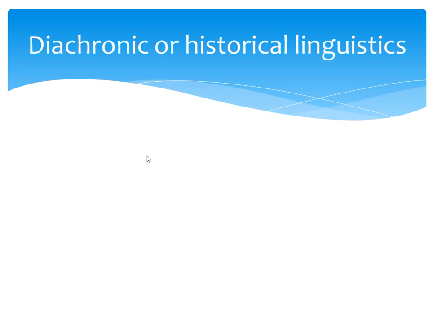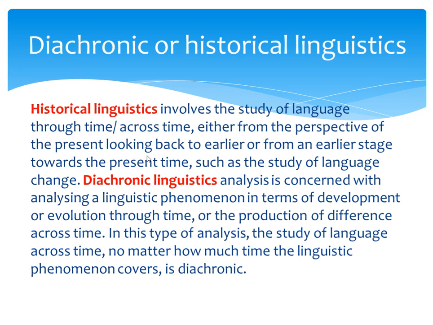In diachronic linguistics or diachronic analysis, sometimes called historical linguistics, we study language across time or through time. So we have the perspective of studying language from past to present, or from present to past, looking back to an earlier stage or from an earlier stage toward the present time, such as the study of language change.